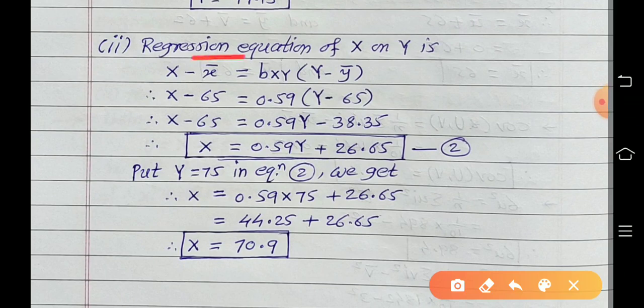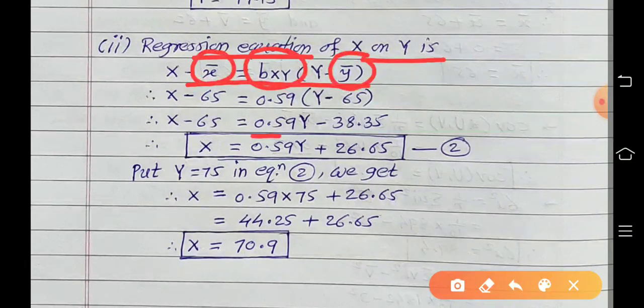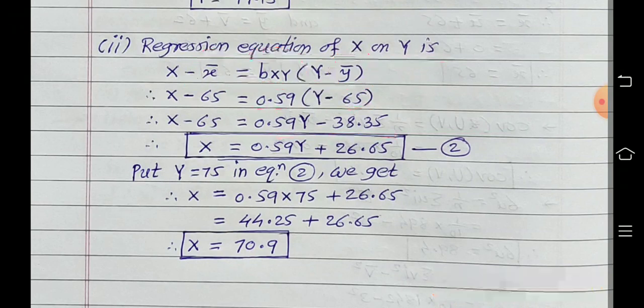Now the second regression equation of x on y is, so x minus x bar is equal to bxy into y minus y bar. Substitute the value of x bar 65, y bar 65, and bxy is 0.59. So do the multiplication here. So 0.59y and 0.59 multiplied by 65 is, so minus 38.35.